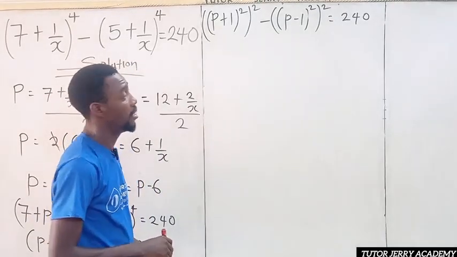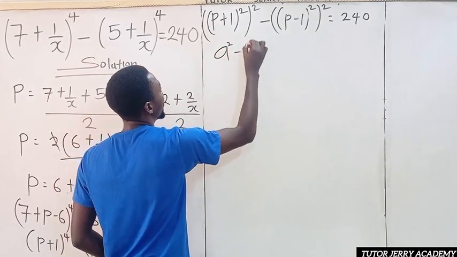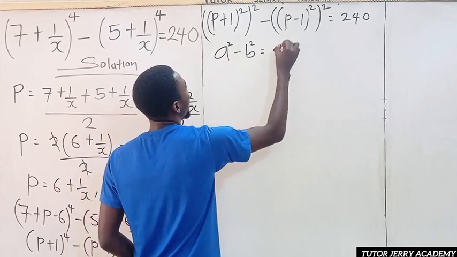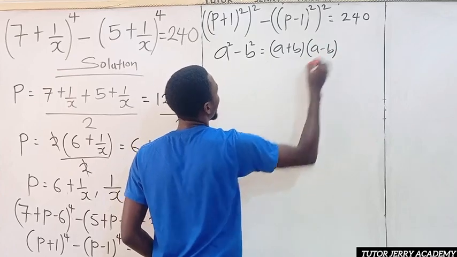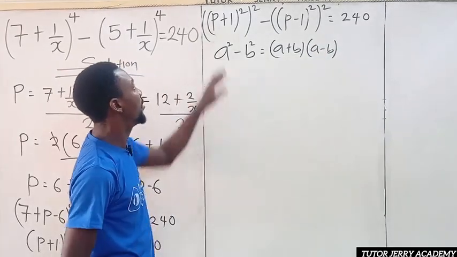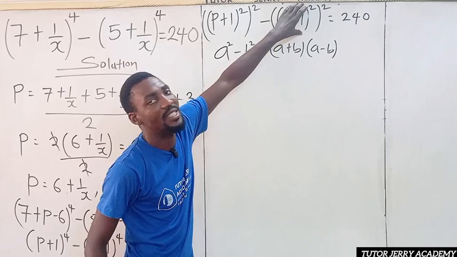Now, this is nothing but a difference of two squares. A difference of two squares is telling us that a squared minus b squared equals (a + b)(a - b). Everything inside this bracket is our a, while everything inside this bracket is our b.